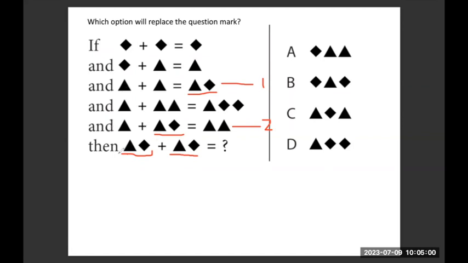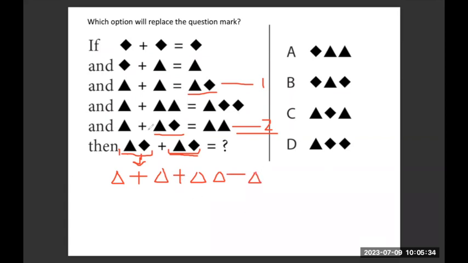If I simply replace the first part, this part, with option 1, what I get is triangle plus triangle. And if I replace the second part, which is this, with the second option figure, then what I will get is triangle minus triangle.